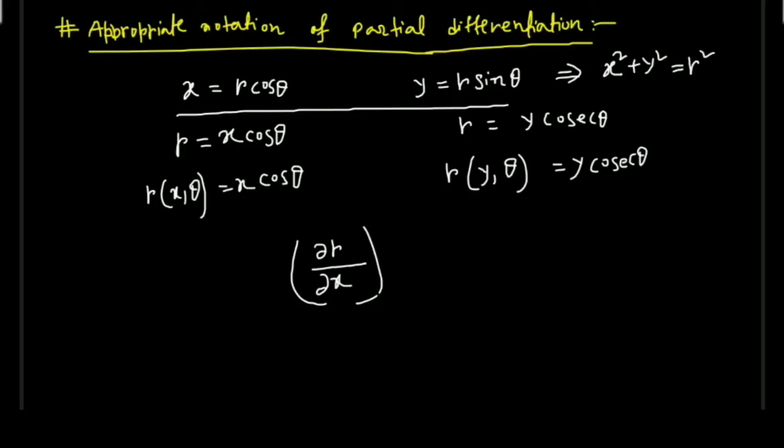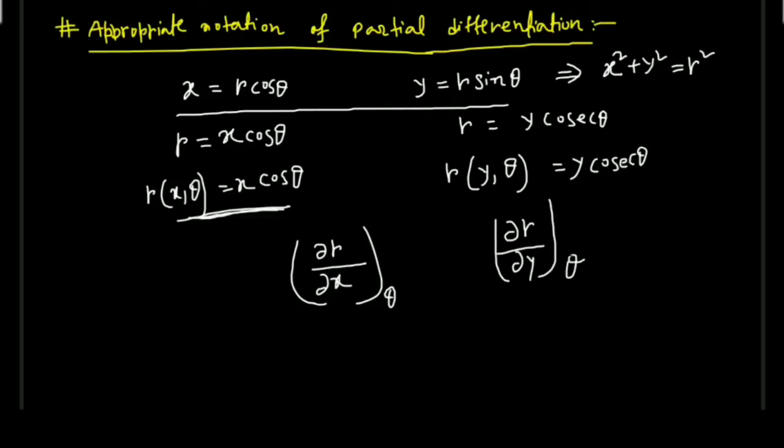Because if we take del r del x here, then we have to mention that theta is constant. If we take del r del y here, then also we have to mention that theta is constant.